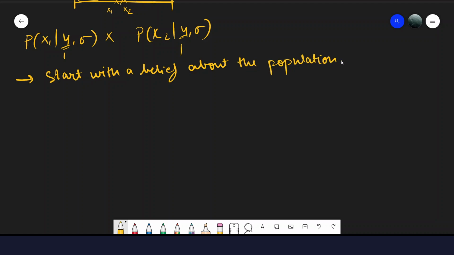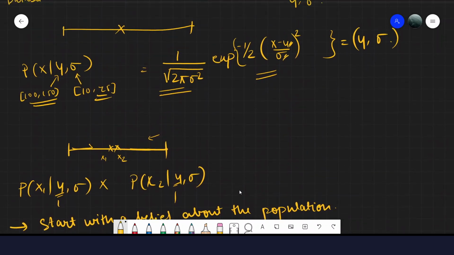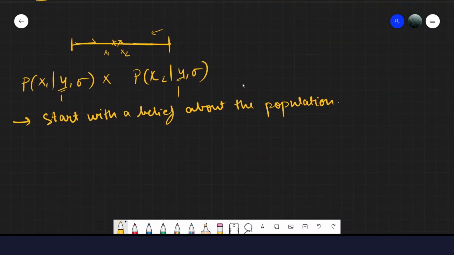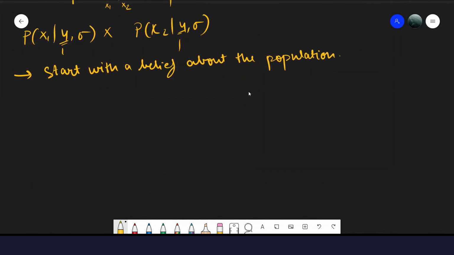Given a sample data set, I have to start with the belief about the population that the sample comes from. In the example I just showed you, I started with the belief that it comes from a Gaussian distribution. You can start with any belief: a Gaussian or a Bernoulli or an exponential or a Poisson distribution, anything.